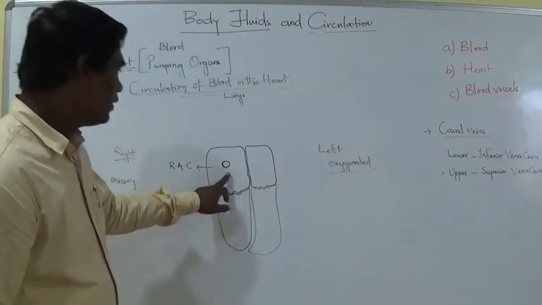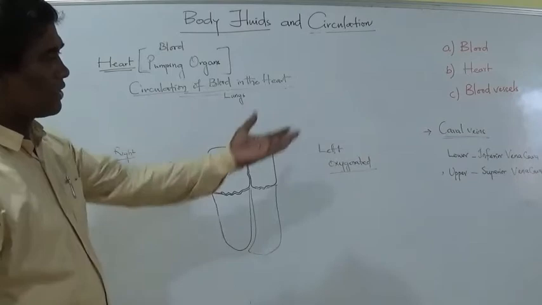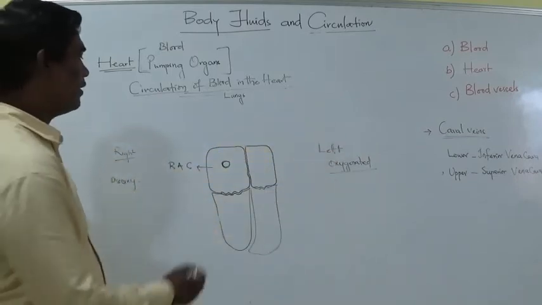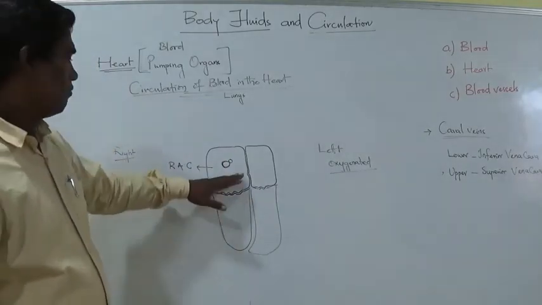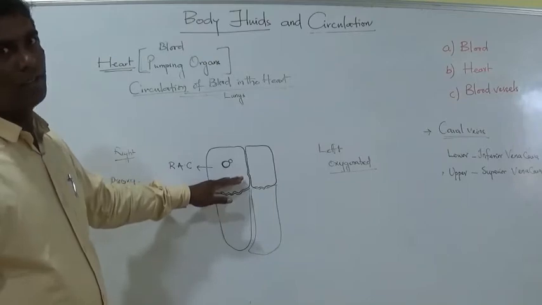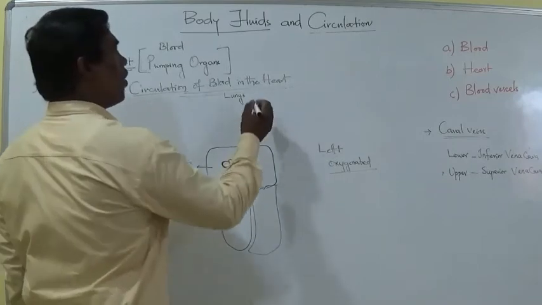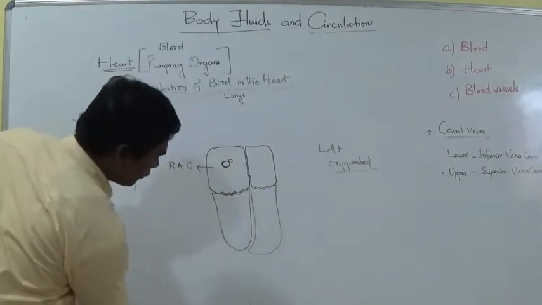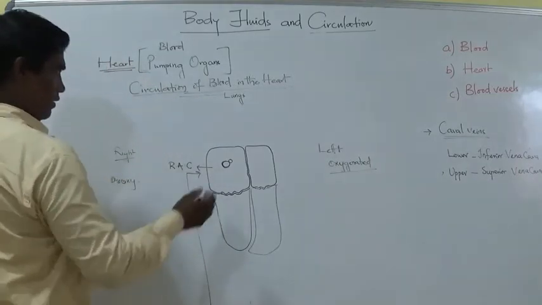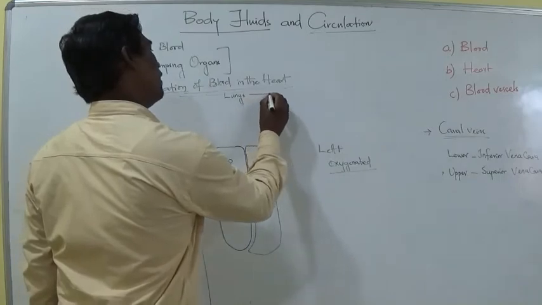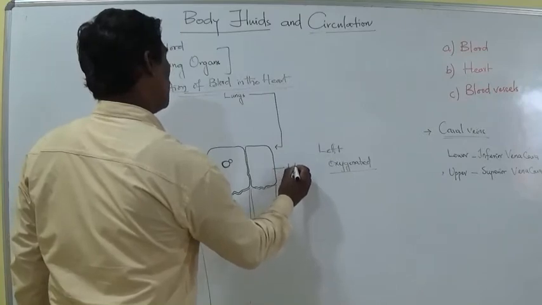Along with the inferior and superior vena cava, the coronary veins also pour their blood into this right auricular chamber. During this time, the oxygenated blood from the lungs is poured into the left auricular chamber.